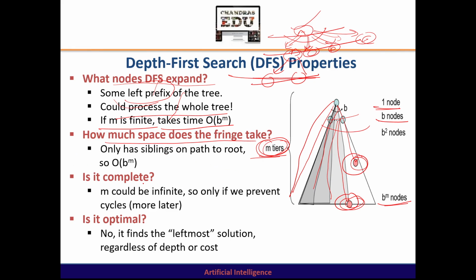So here we only have siblings on the path to the root. If we consider only siblings, meaning the path, that is the next level. If we have the elements, the complexity will be the same as the time complexity. Whatever the time complexity we have, that is O of b power m, a similar complexity will be there.